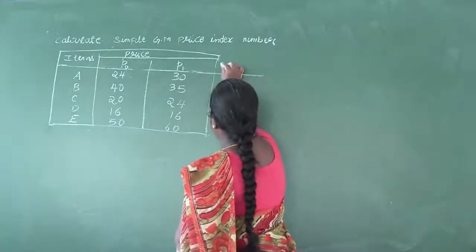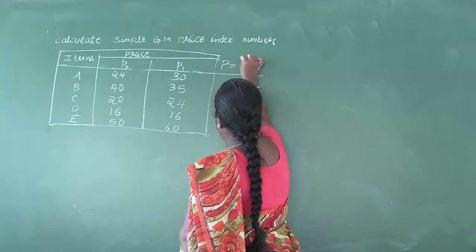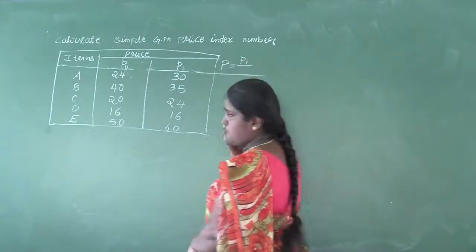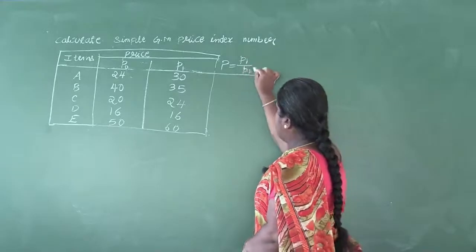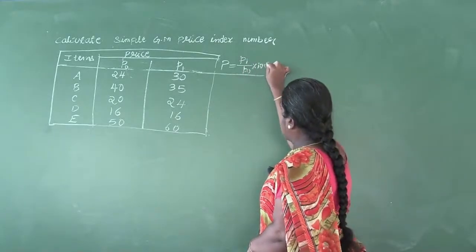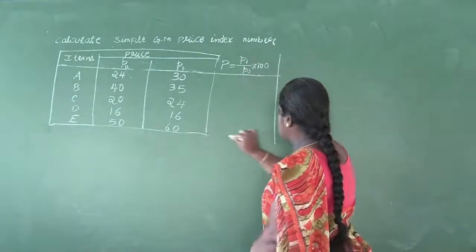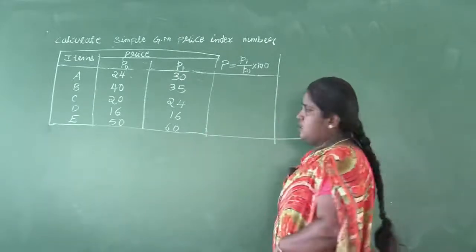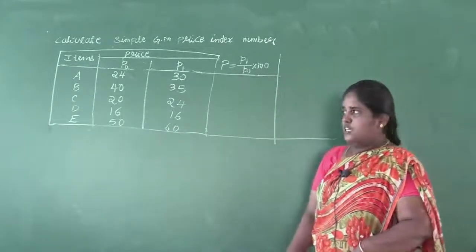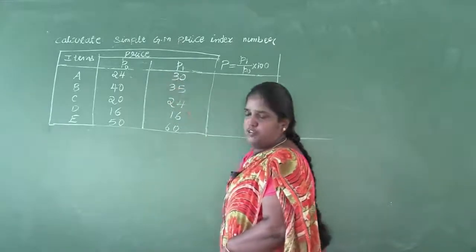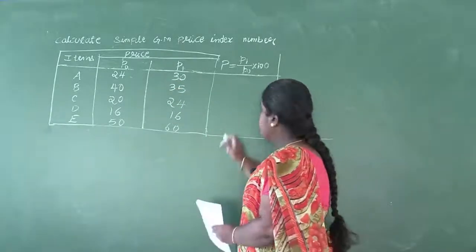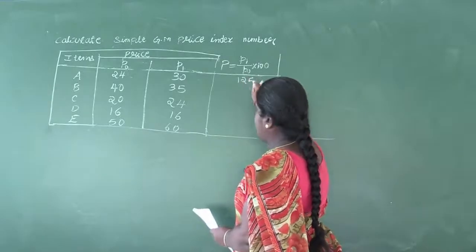Next we have to find out the price relative P, and it is compulsory to mention the formula. Formula carries 1 mark. P1 divided by P0 into 100. The calculation of P is not needed. Only the formula of P is needed. So first one, 30 divided by 24 into 100, which is 125.